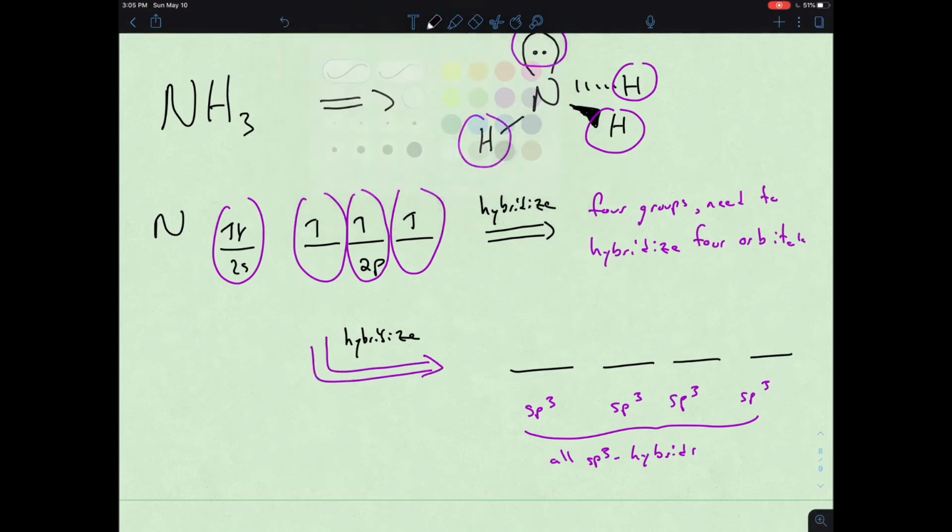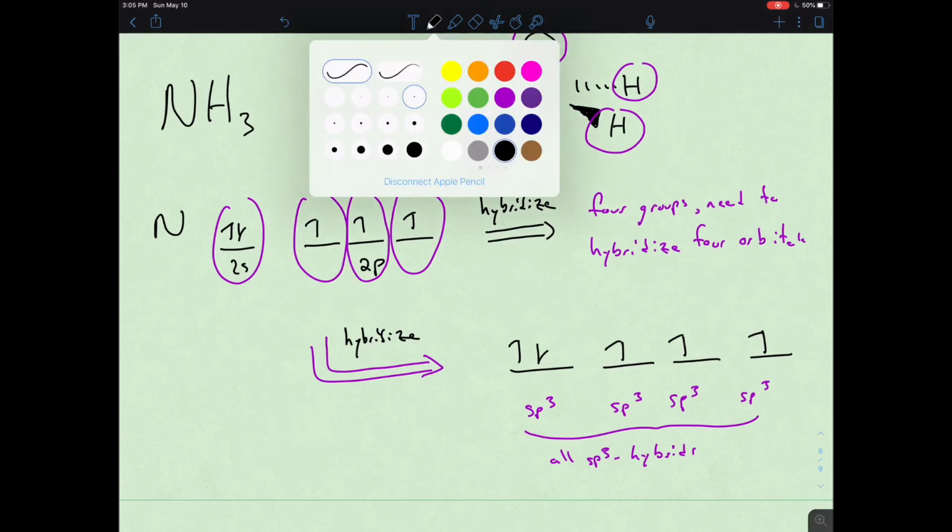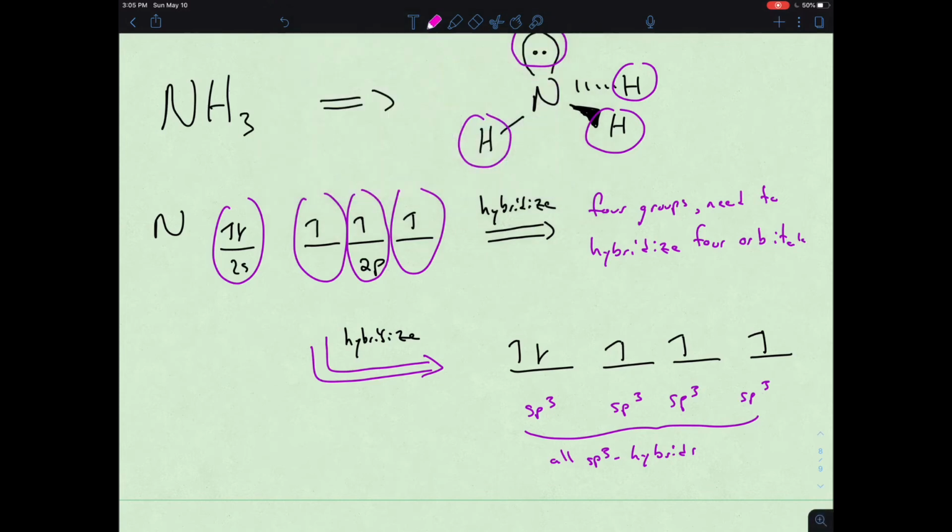And if we start putting electrons in, we would have something that looks like this, where we have 3 that are unpaired, and then we have 2 that are paired. And so this is where we would get our 3 sigma bonds. And here is our lone pair.